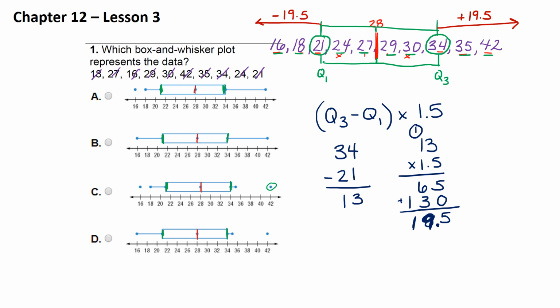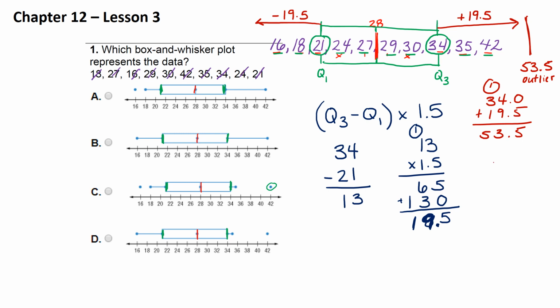Okay, so we have 34 plus 19.5. An outlier would be anything at 53.5 and more is considered an outlier. So 42 is not an outlier.